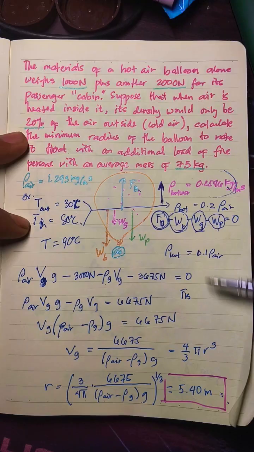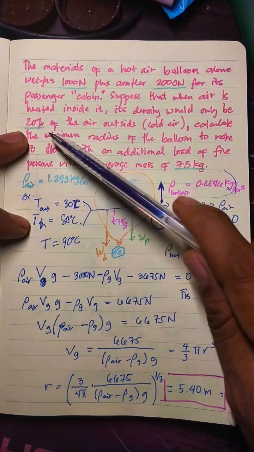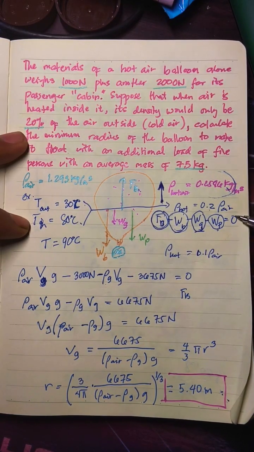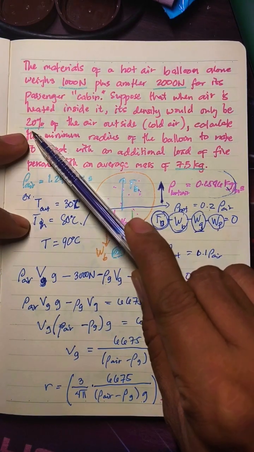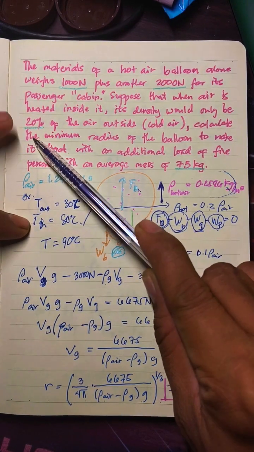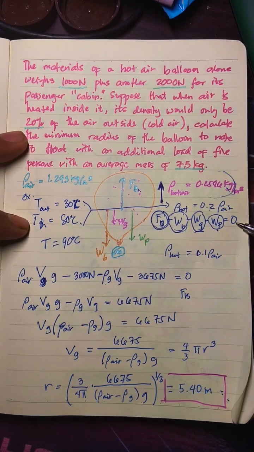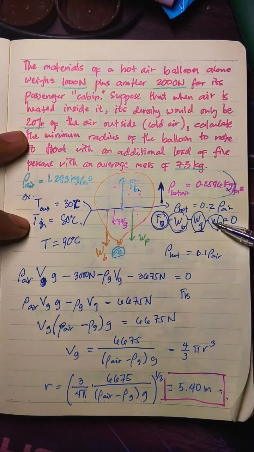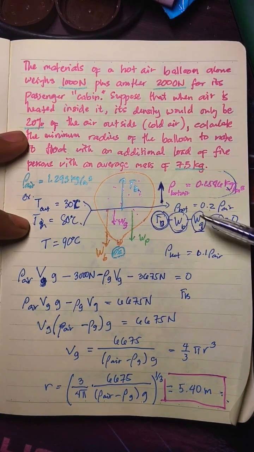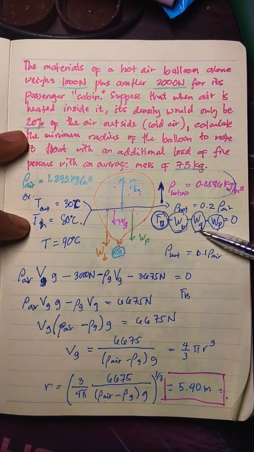For a specific WG, in our case, if it is 20%, this is equal to zero. But if this decreases to, let's say, 10% or even lower than that, then this will no longer be zero. It will give us an upward acceleration. Why? Because this whole thing here will be less than the buoyant force, the sum of these three weights.